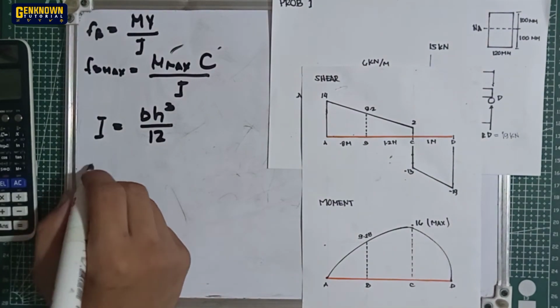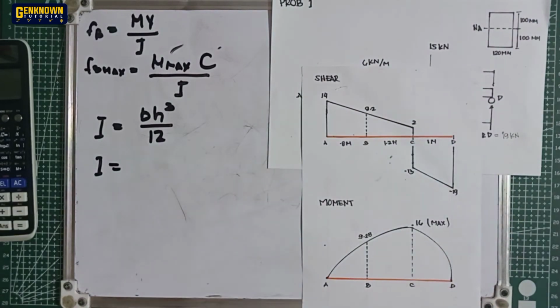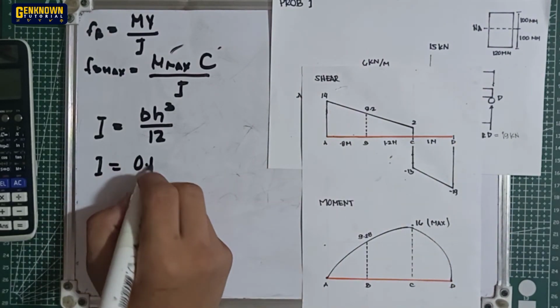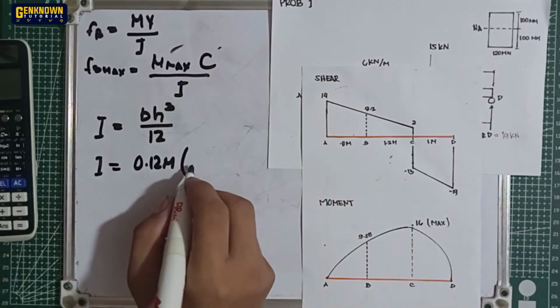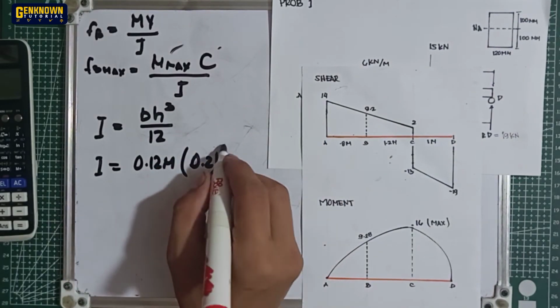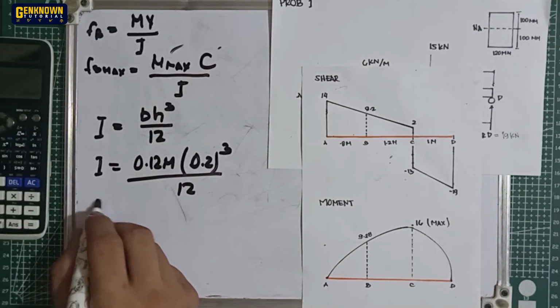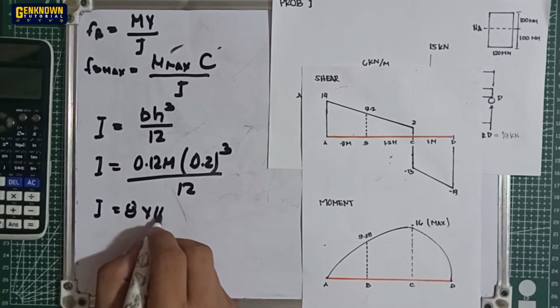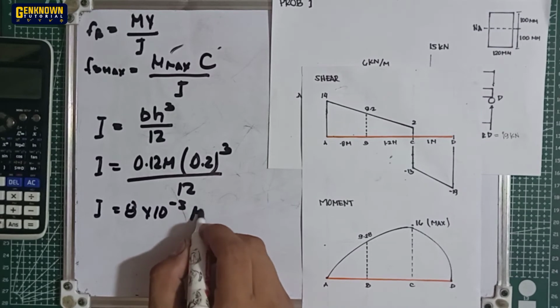Moment of inertia is equal to base, we have 120 mm or 0.12 meter, multiplied by the height na 200, equal to 0.2 meter cube, all over by 12. So yan ay equal to 0.12 multiplied by 0.2 cube all over by 12, so that is equal to 8 by 10 raised to negative 5. Moment of inertia yan, kaya meter to the fourth.